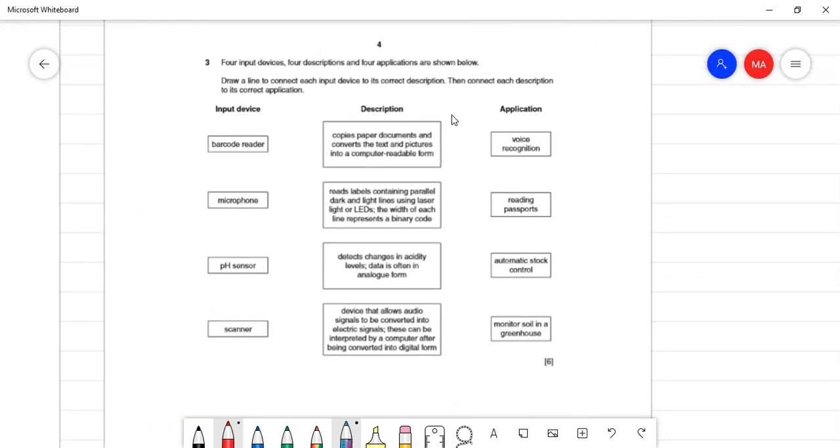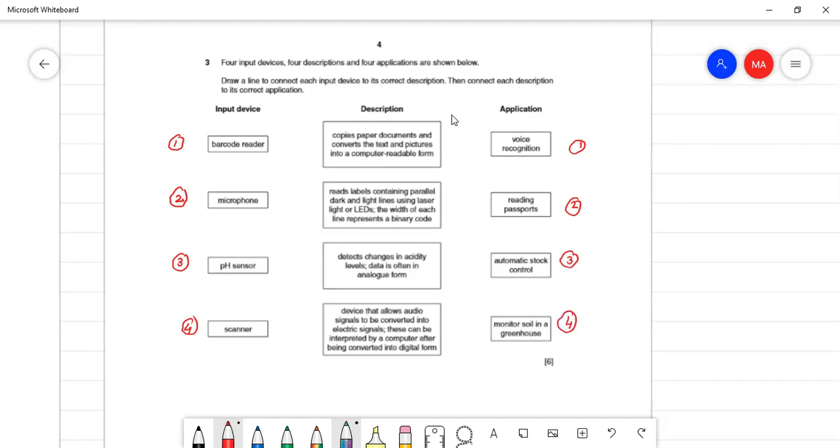This first one, barcode reader, you are already familiar with. You have already studied this barcode. Now I am numbering the order: 1, 2, 3, 4. Similarly, for application: 1, 2, 3, 4.